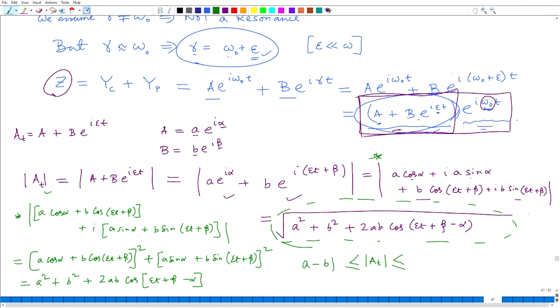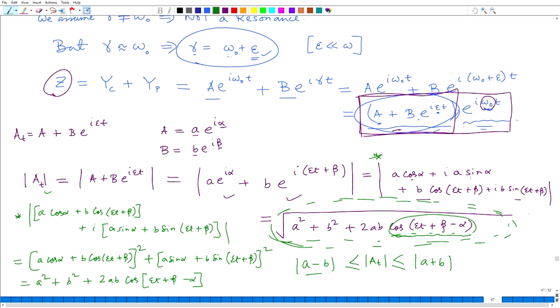A minus B modulus and A plus B modulus, because when this cos value is maximum, that is plus 1, then this whole thing will be A plus B, because this will be root over A plus B whole square, and you will have A plus B mod. Okay. You just take the positive value. Here when this cos has the value minus 1, then you will have the square root of A minus B whole square, and then you take the mod of A minus B. Okay.